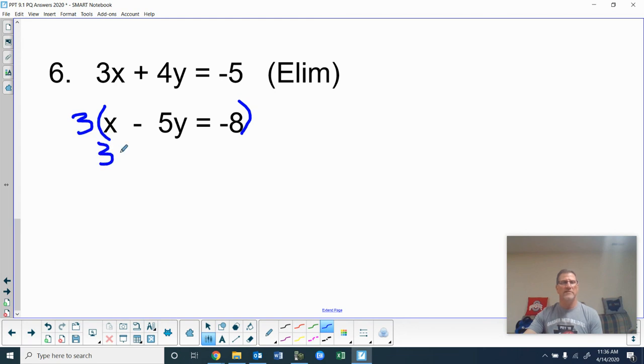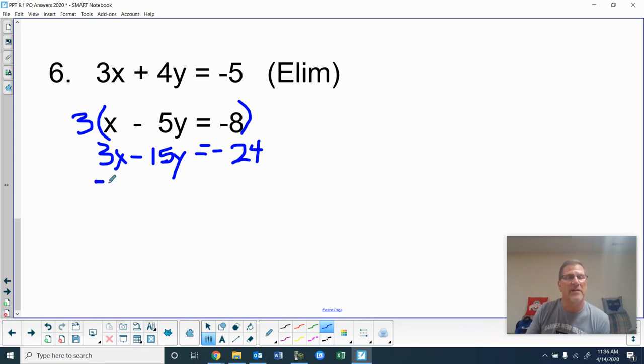So that's 3x minus 15y equals -24. Remember, multiply 3 by all of it. And then again, I like to drop the top one right underneath so I can see them together. So that's 3x plus 4y equals -5.